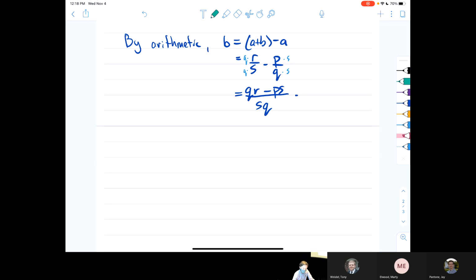We have to verify that those conditions are true, and then we will know that b is a rational number. So we can say, since p, q, r, and s are integers, so are qr minus ps and sq. As long as you're adding, subtracting, or multiplying integers, you get another integer.